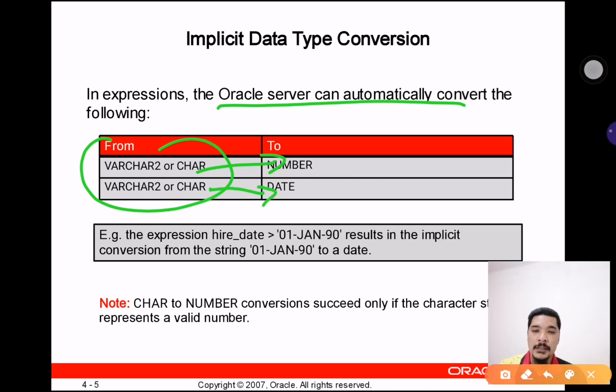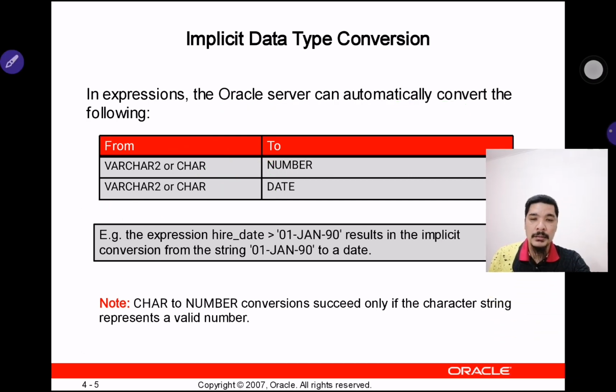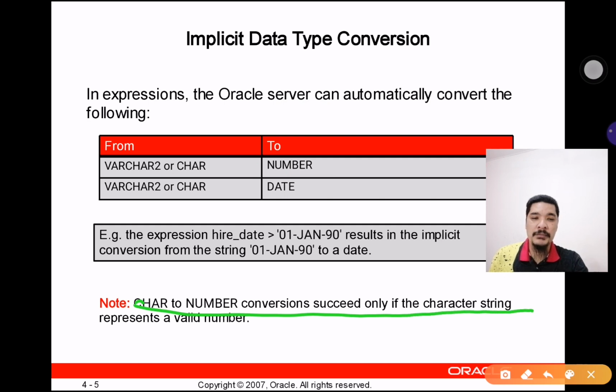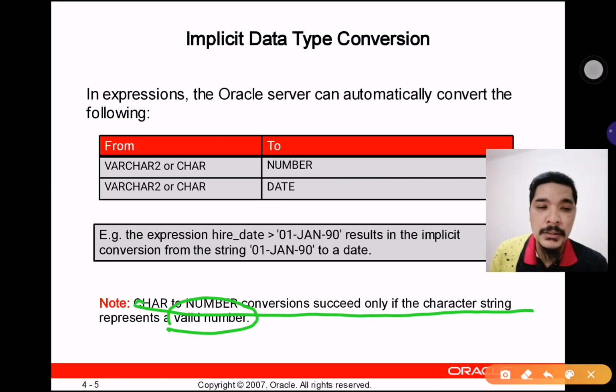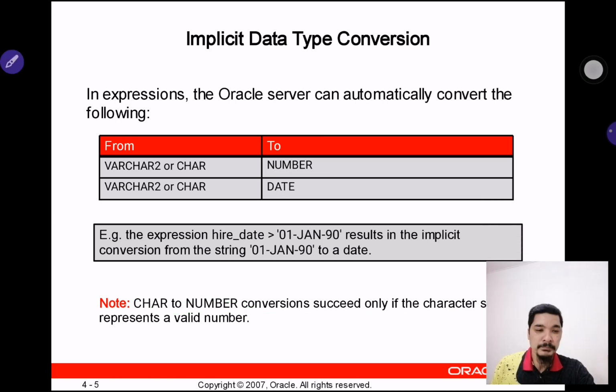Note that char to number conversion succeeds only if the character string represents a valid number. What is meant by a valid number? It means we need to focus on the format, any valid number formatting, especially for the character and also the number, following Oracle's rules.